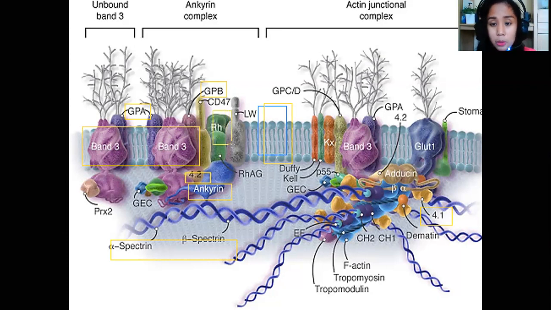Ito yung nagsasabi kung A positive ka, A negative. Mostly, lahat ng mga Pilipino is RH positive. It's because of this blood group, RH blood group. Ang galing. And this one, LW, this is also a blood group. So maraming blood group ang nahanap sa surface ng red blood cell natin. What else? We have Duffy and Kell. Sa blood group yun naman yung mga yan.